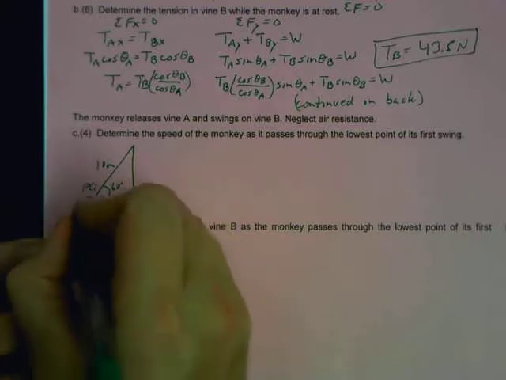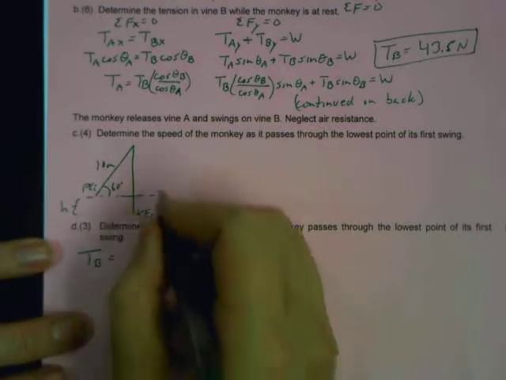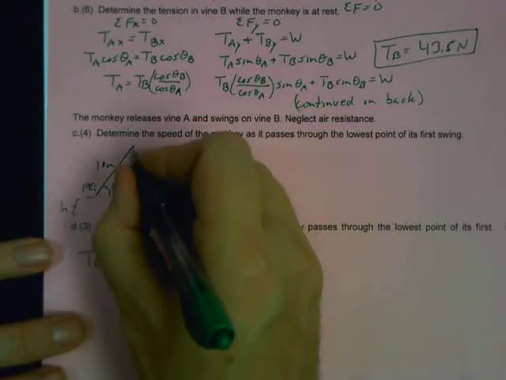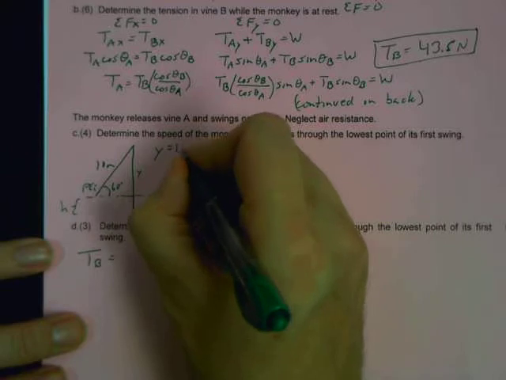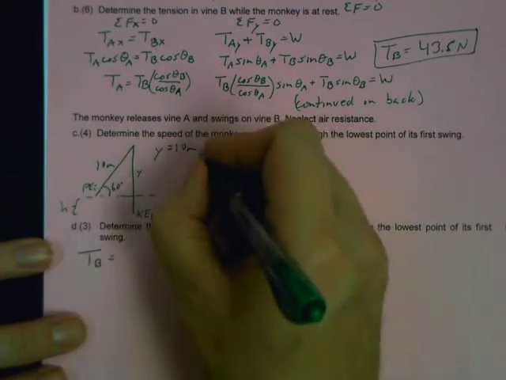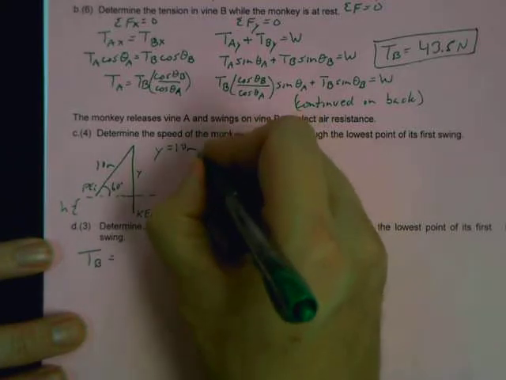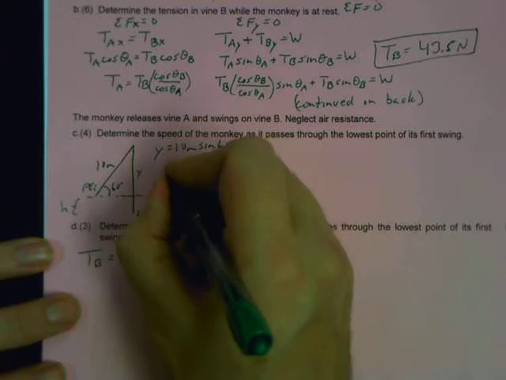From here to here is going to be h. First, I'm going to find y over here on this side. And y is going to be equal to 10 meters, opposite side from the 60, so that's sine. Sine of 60 degrees.